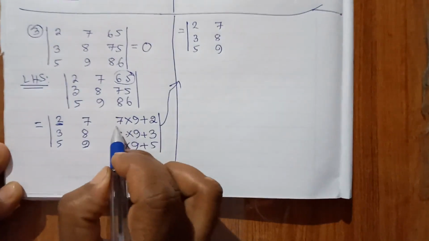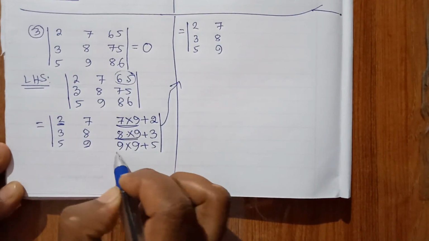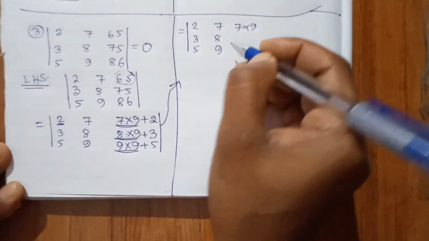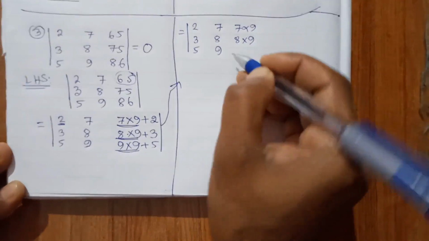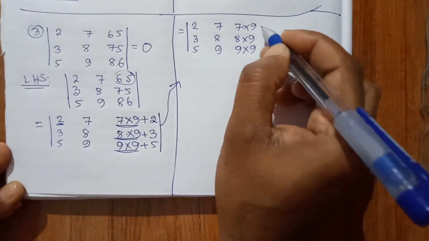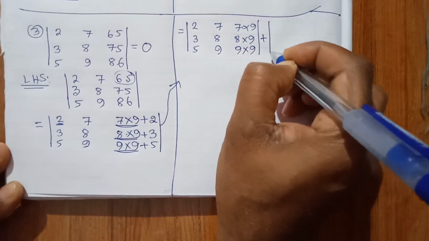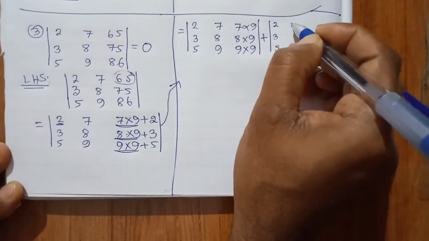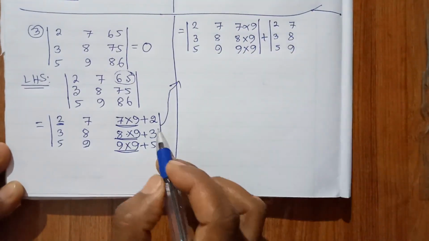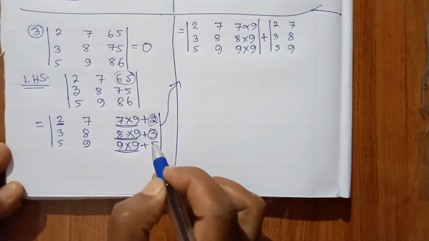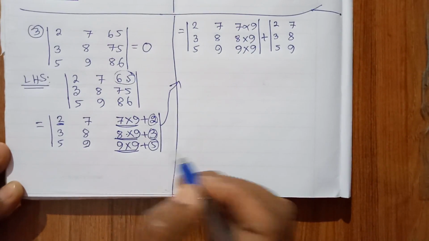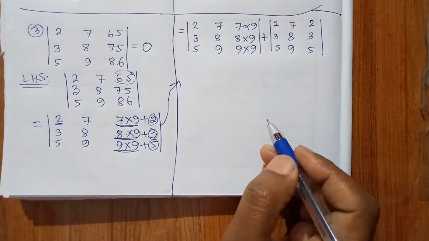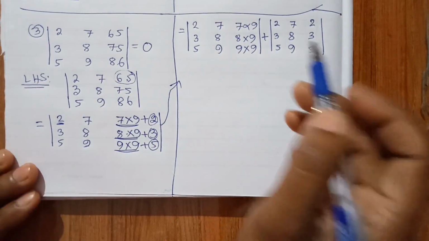Then the third column elements will be the first terms in the first determinant: 7 into 9, 8 into 9, 9 into 9, plus the second determinant. First column as it is, second column as it is, third column with the second terms of the third column elements: 2, 3, 5, 2, 3, 5.